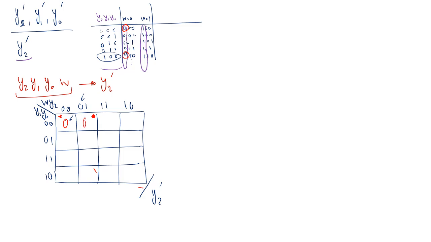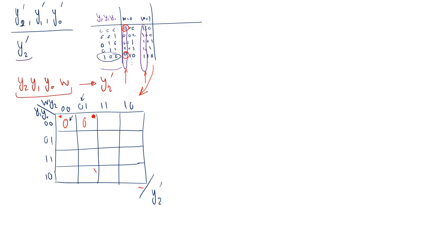I'm going to convert the information presented in this table into a Karnaugh map. So all I need to do is to look at only this column, right?